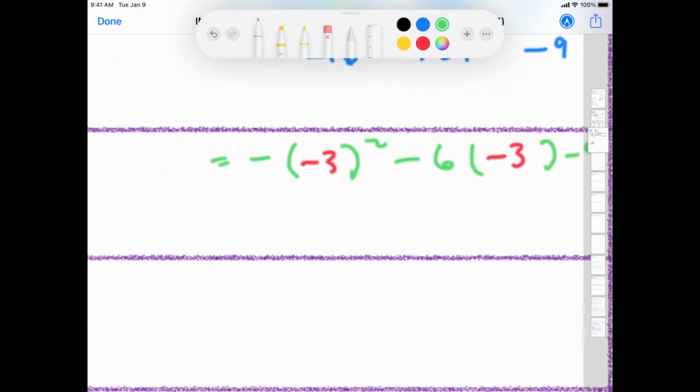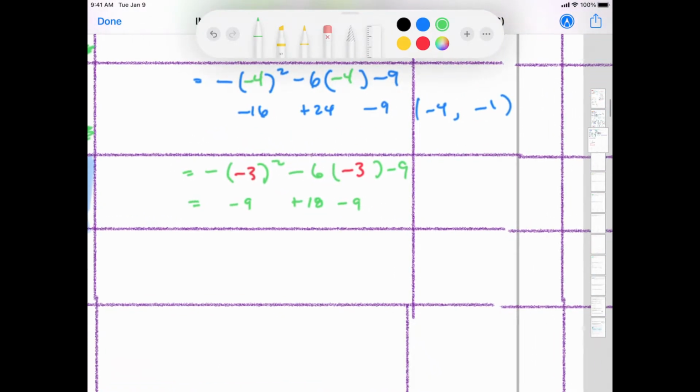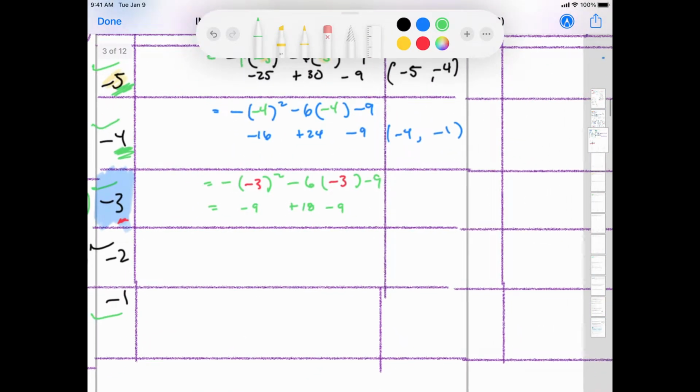Positive 9 times negative 1 gives you negative 9. Oh, sorry, positive 18 minus 9. And all of that is going to equal 0 is my answer. The answer goes on the right side, and what you inputted there is your x value. So input, output.